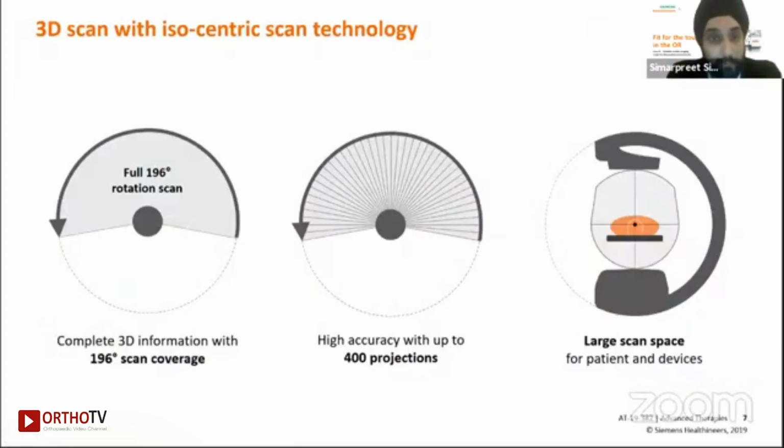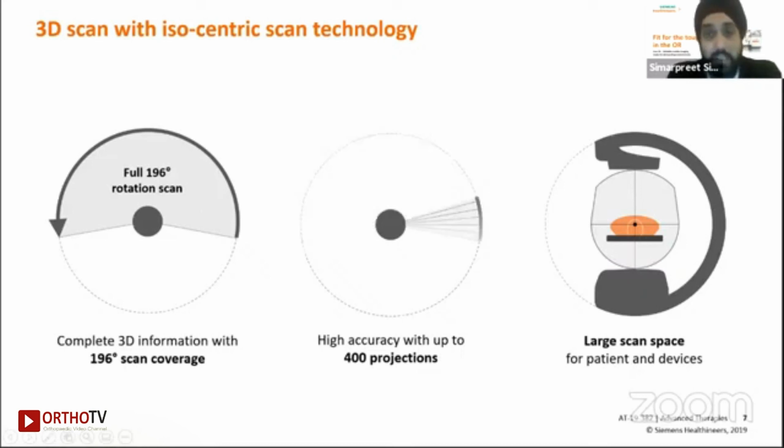I'll not bore you with a lot of physics, but it works similar to a cone beam CT, wherein you acquire 196 degrees and then reconstruct a volume which is 360 degrees from the acquired 196-degree rotation.